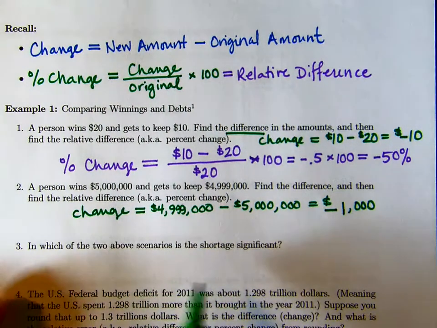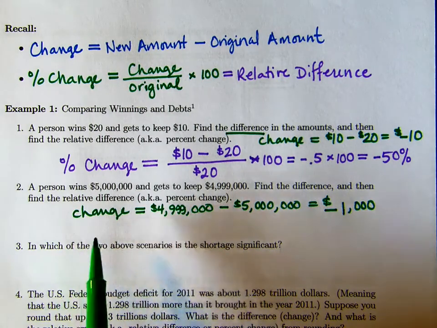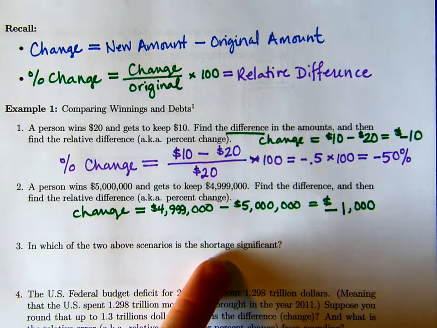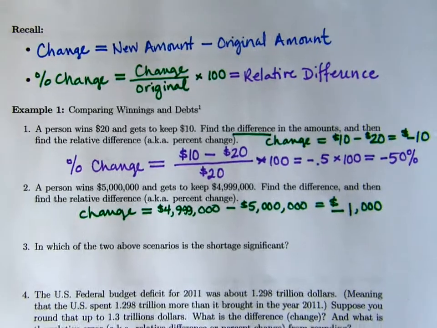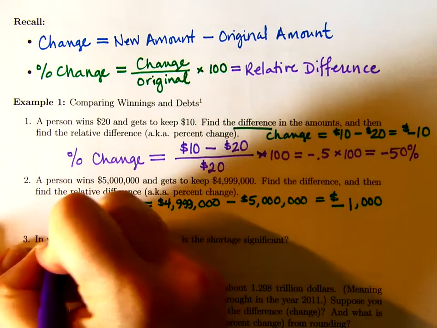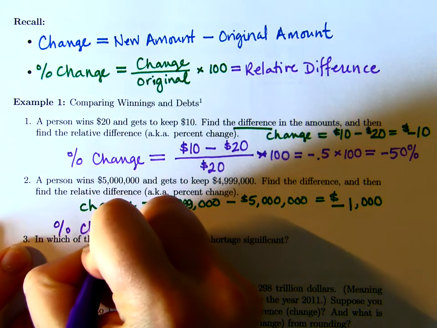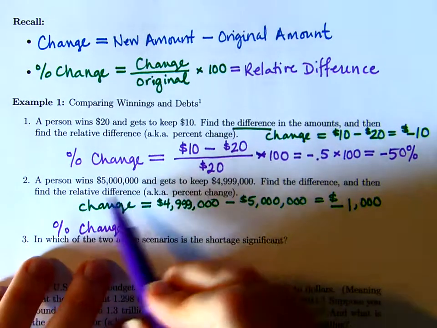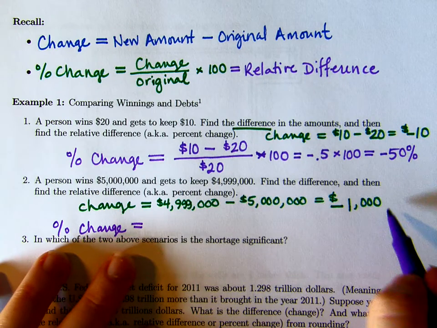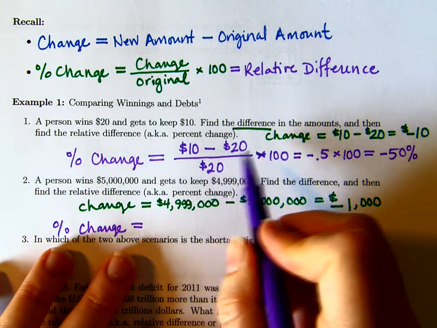But when I think about these, let's go ahead and put the percent change and then answer which one is more significant of a change. So let's see here. Percent change, or the relative difference. The change here we've already computed. That's the numerator.